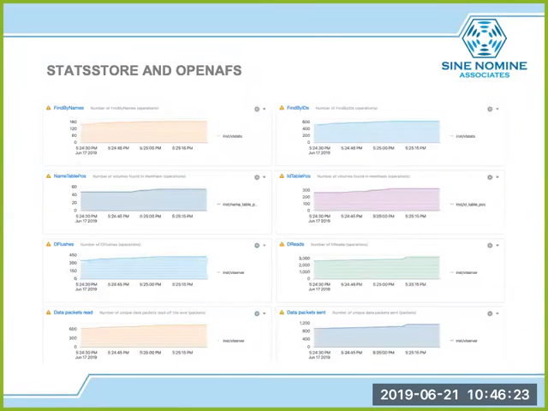Here you have a screenshot of this web interface that was getting stats from AFS through StatsStore. I have 4 layers here. The first one is the VL server layer. So we have the number of times that the function find by ID was called.